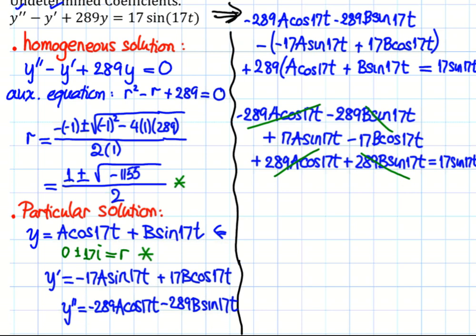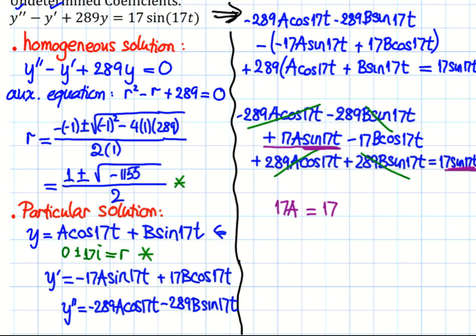Next, the undetermined coefficients method says that the same type of function must have the same coefficient. Here you see the function sine of 17t is the same as this one. So we're going to have 17a equal to 17.